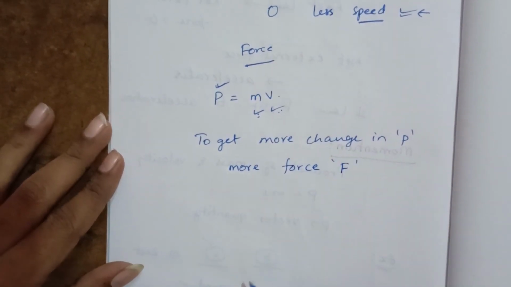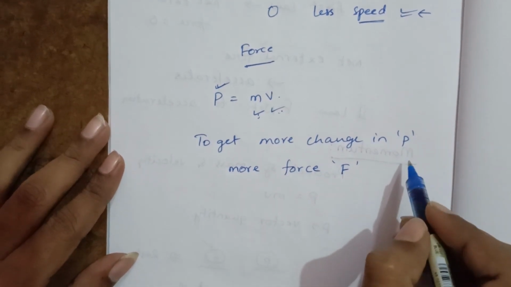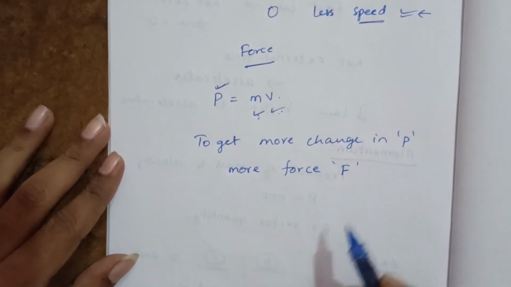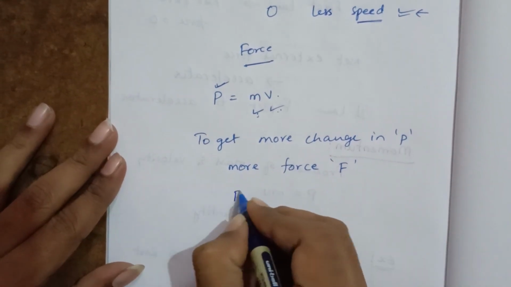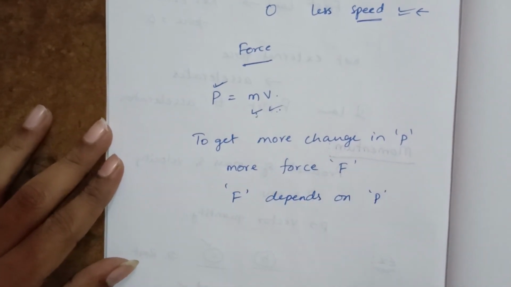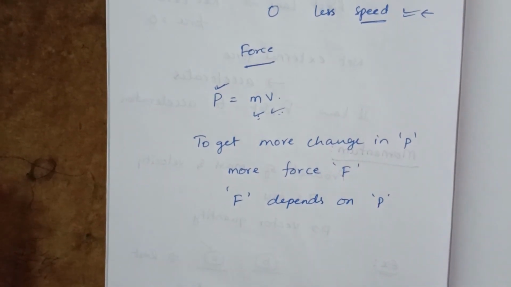For more change in momentum, more force is applied; for less change in momentum, less force is applied. So based on this, we can say force and momentum are related.